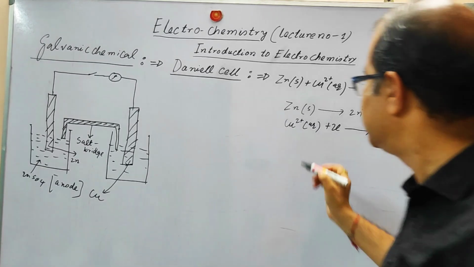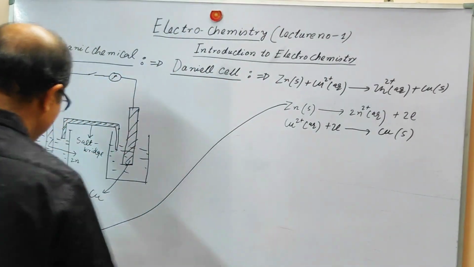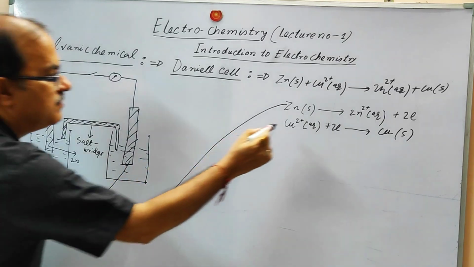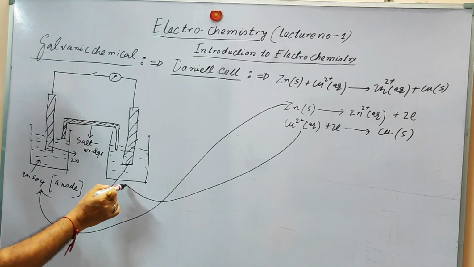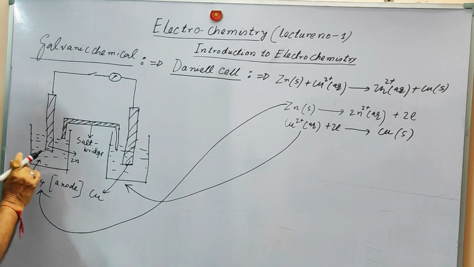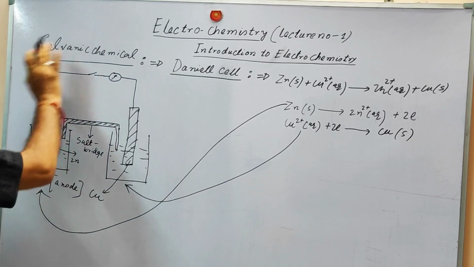So one reaction goes on here and the other goes on here. This is what we call the total cell.